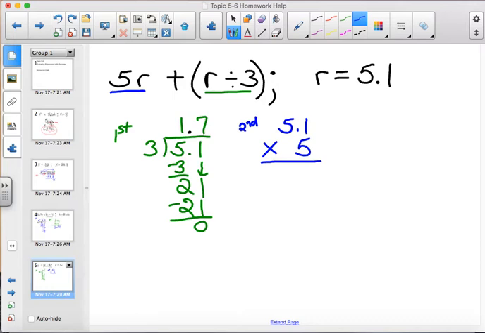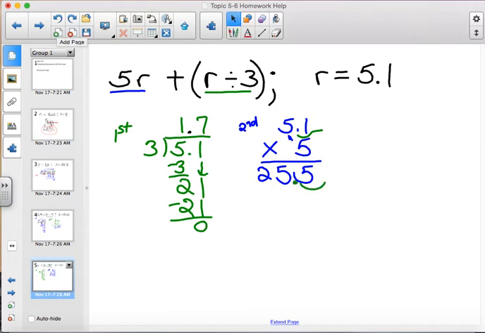So we do 5 times 1 is 5. 5 times 5 is 25. Our decimal point has to come out one place value, so it has to go in one place value. So we have the answer of 25 and 5/10.